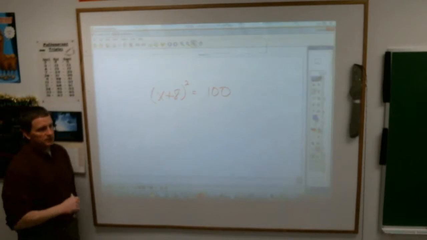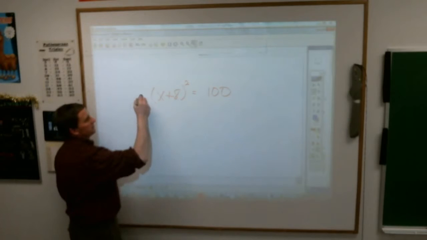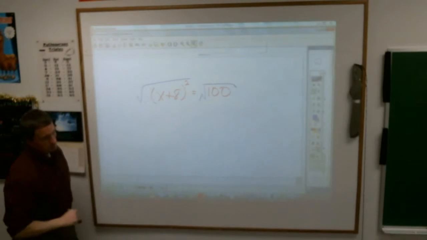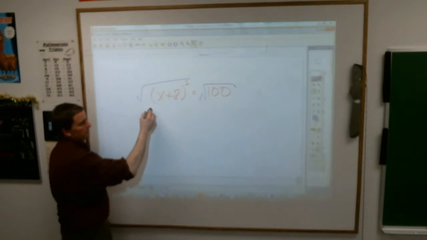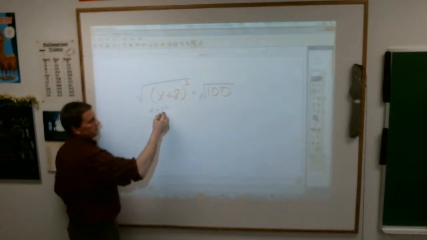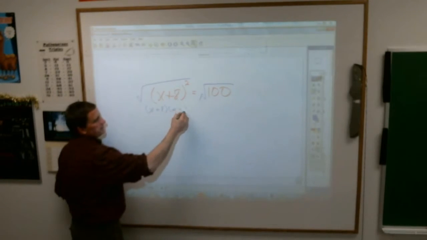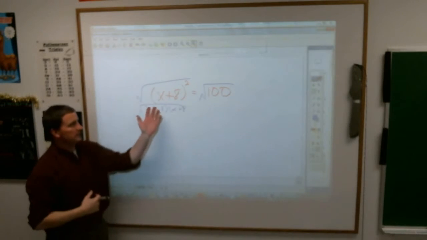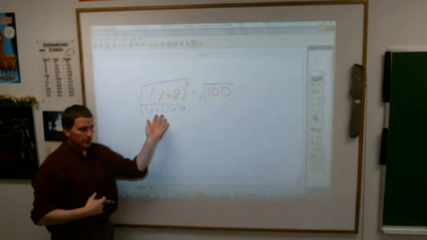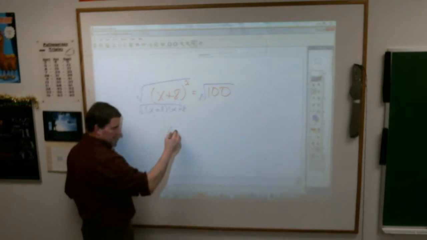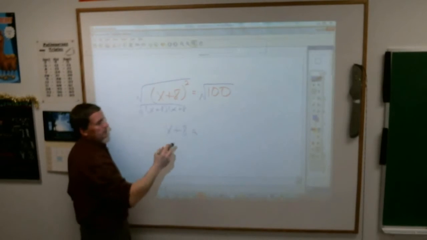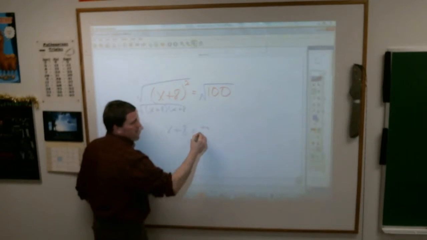If you take the square root of both sides, if you're looking at it as this being the same as this, taking the square root of that, what do I get if I take the square root of x plus 8 squared? I get x plus 8. What do I get if I take the square root of 100? Again, you have to remember it's either a positive 10 or a minus 10.